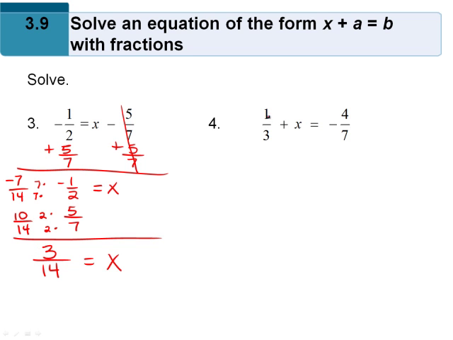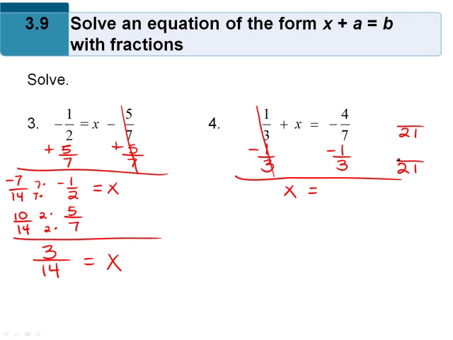Number 4: 1/3 plus x equals -4/7. You want to get the x by itself, so we need to get rid of that 1/3. It's a positive 1/3, so I subtract 1/3 from both sides. The 1/3s cancel out, and x comes down. Over here I have some room out to the side. 7 and 3 are not the same, so their common denominator is 21.